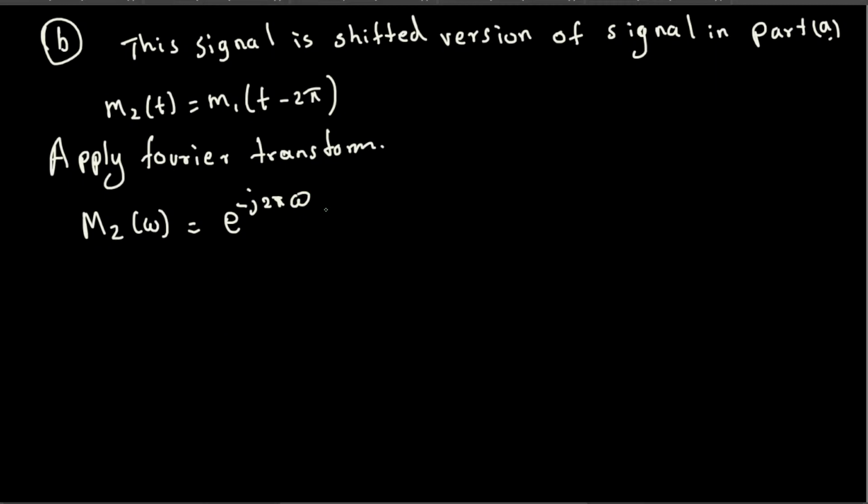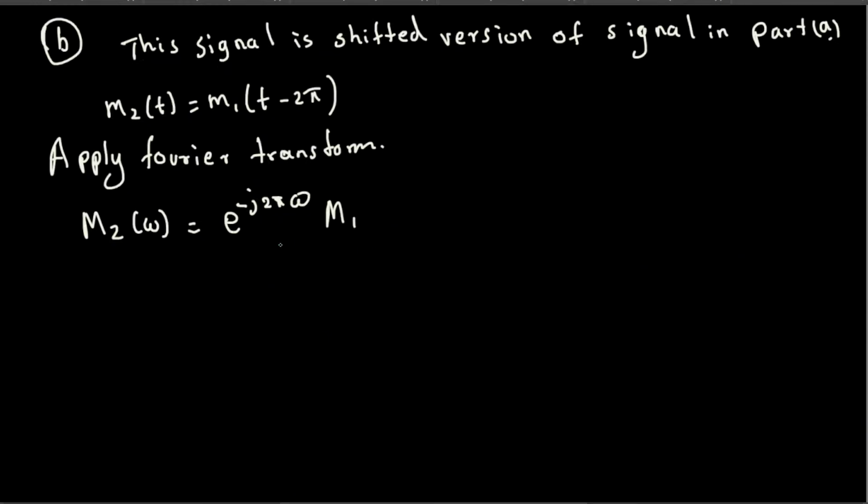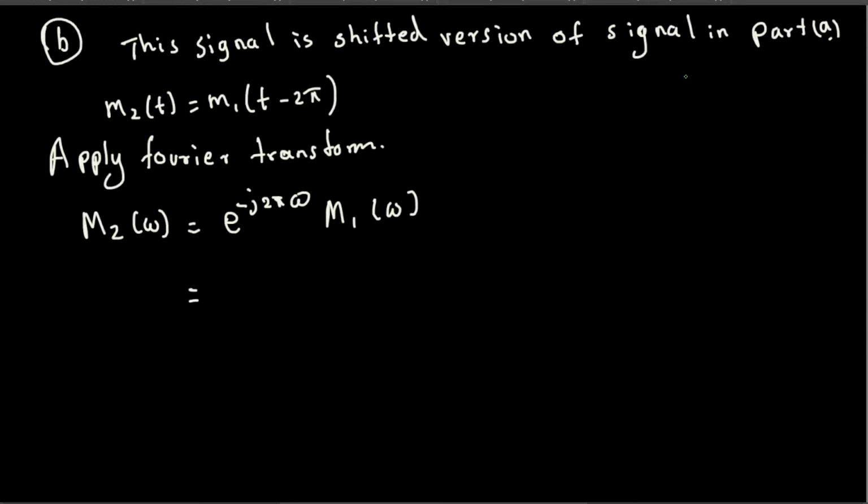We multiply this with the Fourier transform we found for the first one. For the first one, we derived 5/2 times sin square of omega minus 10, plus sin square of omega plus 10, all times 5/2. If you multiply that with e power minus j2 omega, that's our Fourier transform.